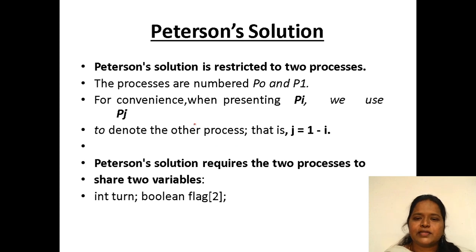Fine. So Peterson solution is restricted to two processes. This is the drawback of the Peterson solution. Peterson has proposed a solution for the critical section, which is well and good. But the drawback is that he suggested a solution only for two processes.